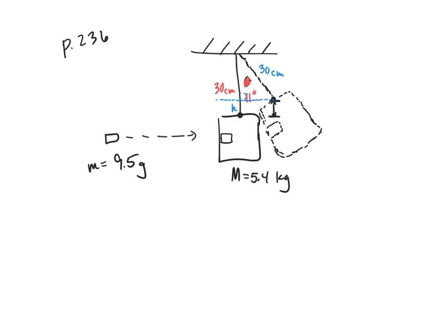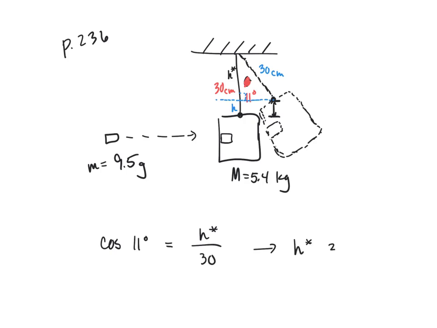It's the cosine for this one because it's the adjacent side. Let's call this H star, the height above the blue dotted line, and the height below we'll call H. So let's figure out H star and subtract H star from 30 to get H. So we'll say the cosine of 11 degrees equals adjacent, which is H star, over hypotenuse, which is 30 centimeters.